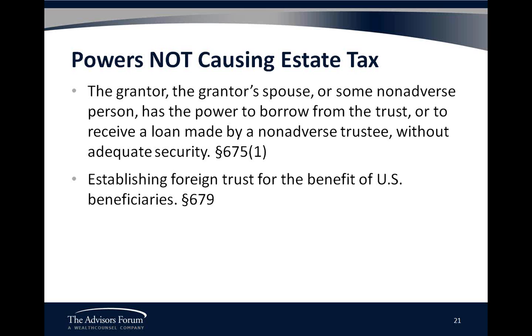Of course, you can always establish a foreign trust for the benefit of U.S. beneficiaries under Section 679. That's, in my mind, of limited usefulness. You run into S-corp shareholder issues, and I just don't see a need for doing that, but I just thought I'd throw it in there because it's in the statute.